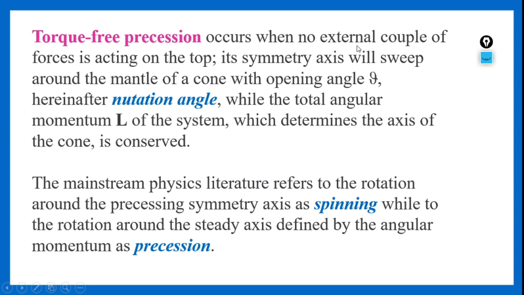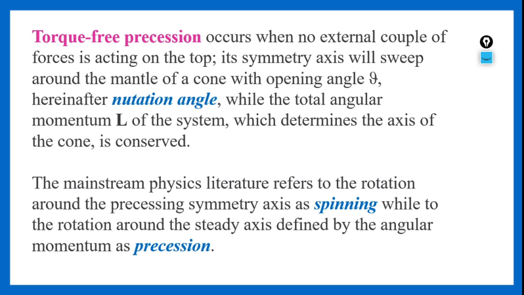This occurs when no external couple of forces is acting on the top. That means its symmetry axis will sweep around the mantle of a cone with opening angle theta, hereinafter the nutation angle, while the total angular momentum L of the system, which determines the axis of the cone, is conserved.